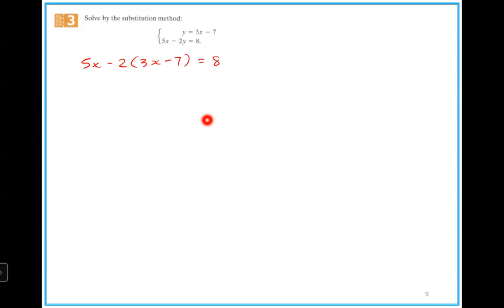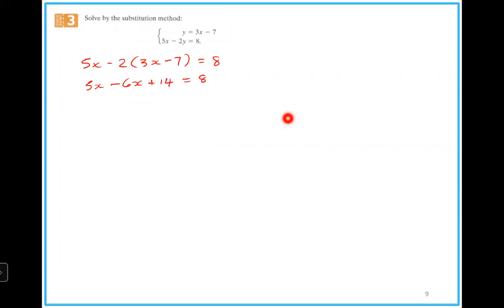So then it will be 5x minus 6x minus 14. Hold on now. Minus 2 times minus 7, that's plus 14. Equals 8.